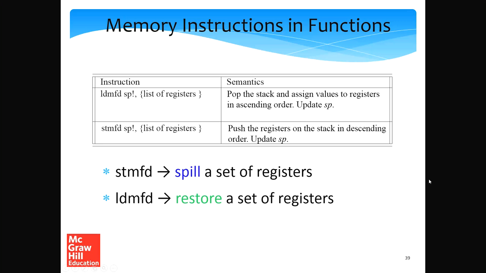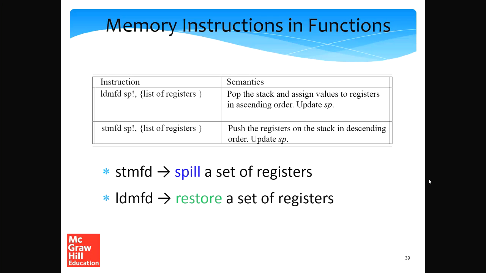Now let us discuss some of the memory instructions that are used in functions. You often see that it is necessary to store a set of registers before calling a function, and it is necessary to restore them. This code to store registers is called spilling. We have two schemes, caller saved and callee saved.